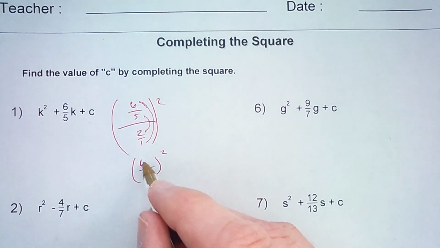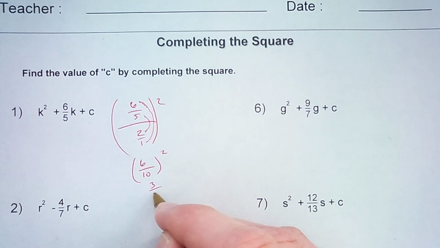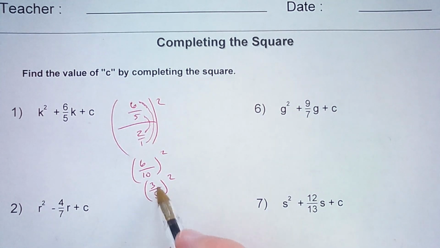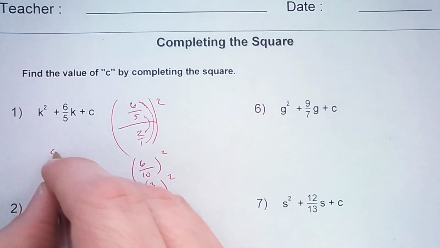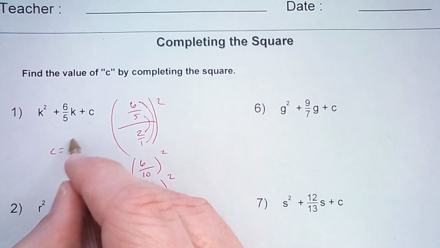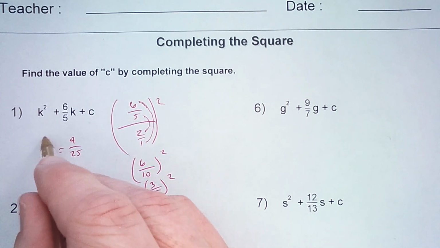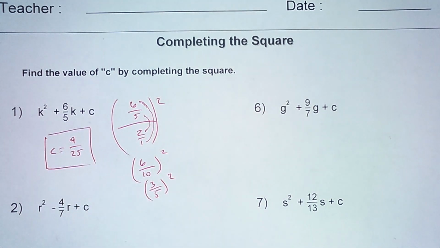Now let's simplify that. 2 goes into both of these. 3 times and 5 squared. So now when we square the numerator and denominator, we get c is 3 squared is 9. 5 squared is 25. So c is 9/25.